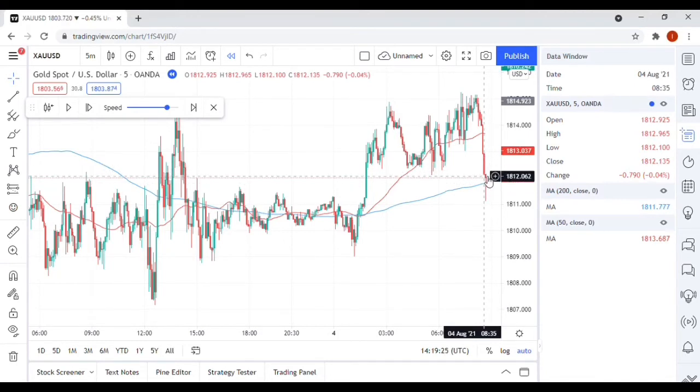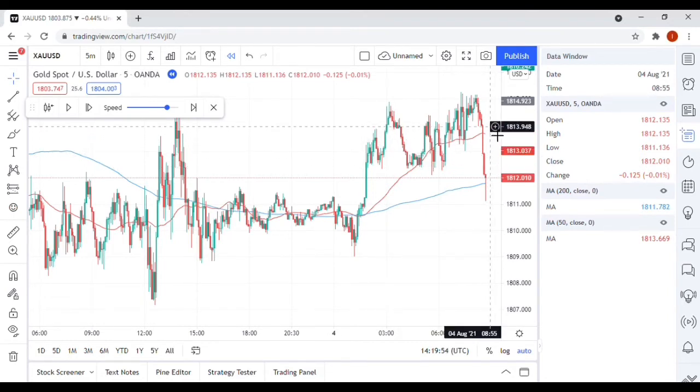So as you're seeing here, this has formed a pin bar, and price has actually closed above. It doesn't matter if it forms a pin bar or not, the only thing we're looking for is a candlestick that's going to close above this line. Once we see that candlestick that closes above, we're looking for a second candlestick, or price action rather, to move up and close above this 50 moving average here.